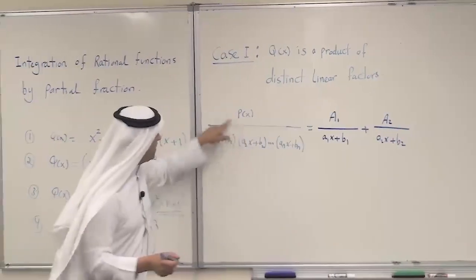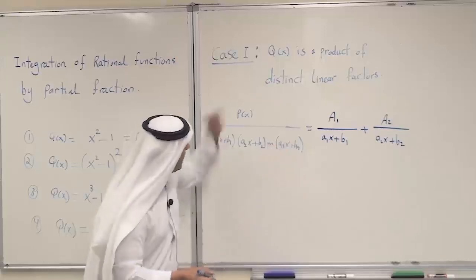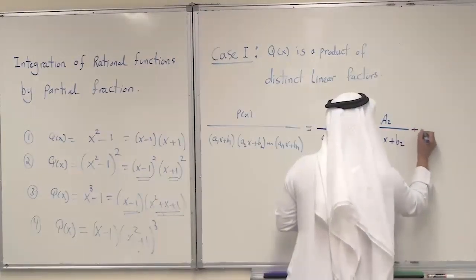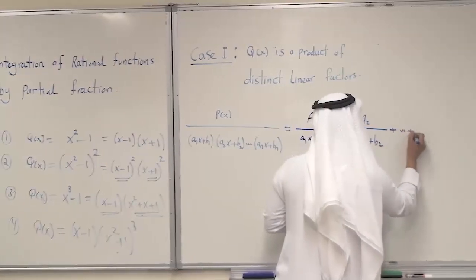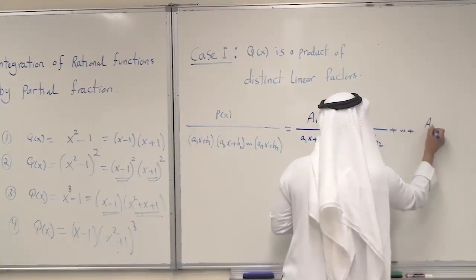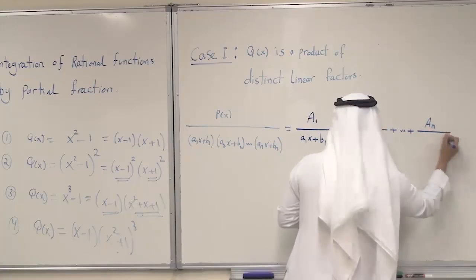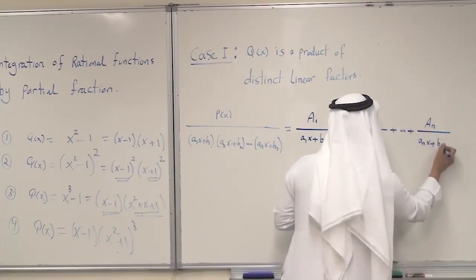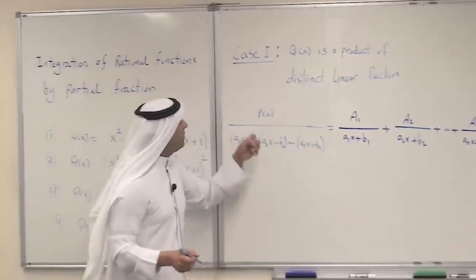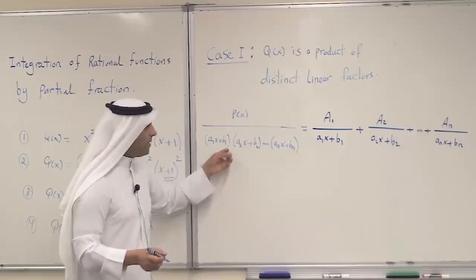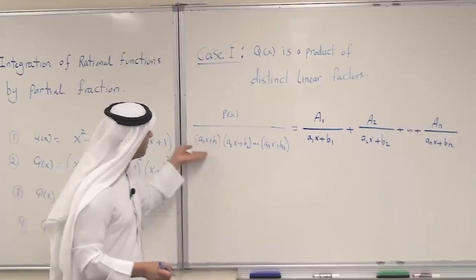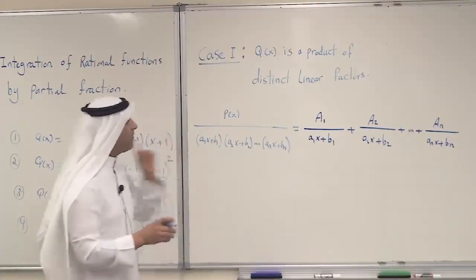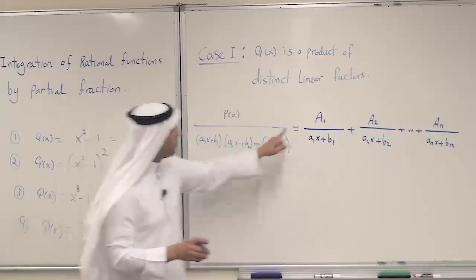So I need a constant over the first factor plus another constant over the second factor, plus you do the same until you reach the last one. So we have n of them, so we need another constant, we call it an, divided by anx plus bn. As we are assuming we have a polynomial of degree n in the denominator, written as a product of linear factors, none of them repeated, the partial fraction decomposition form will be as follows.